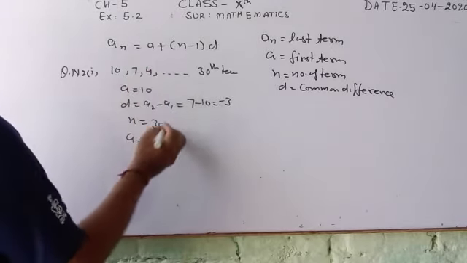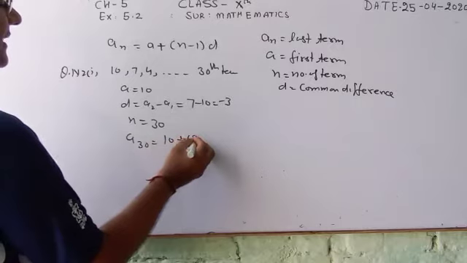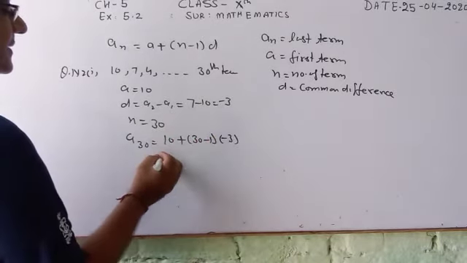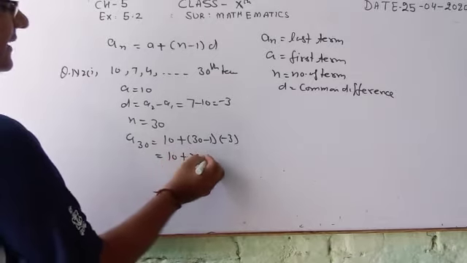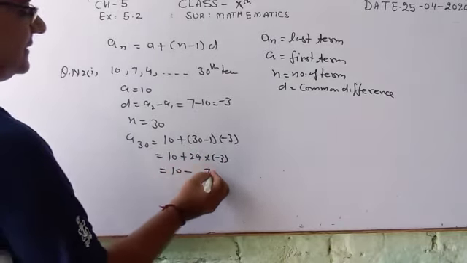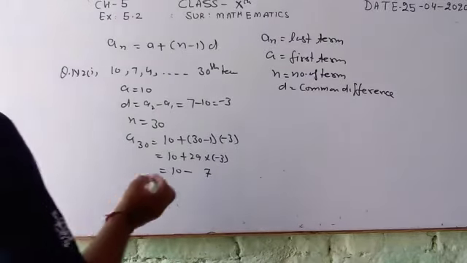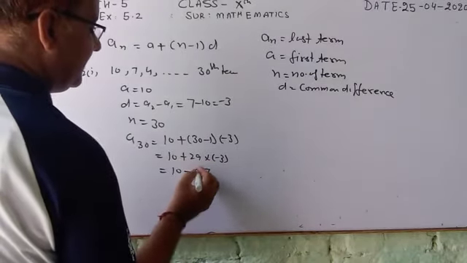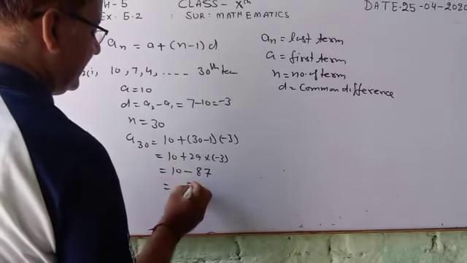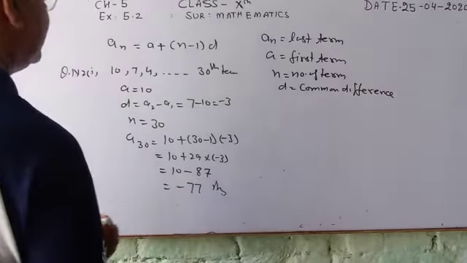Put the value of a: 10 plus (30 minus 1) into d, that is minus 3. So 10 plus 29 into minus 3, that is minus 77. We get the answer.